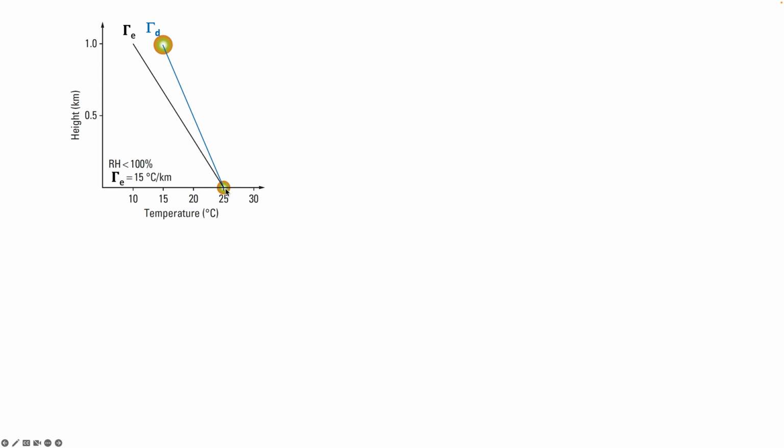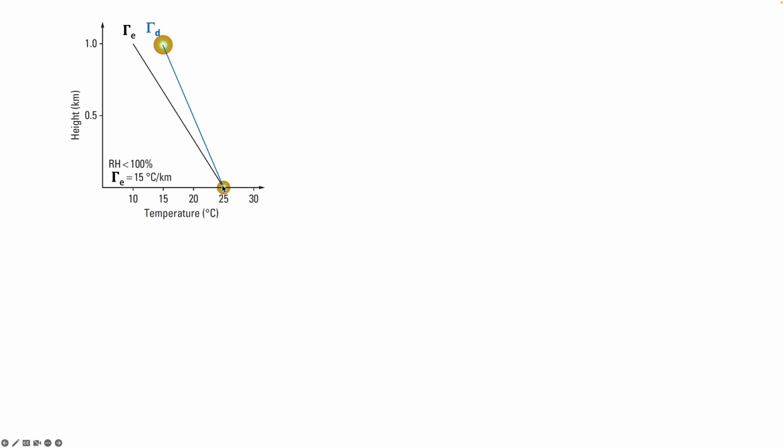Now what I'm going to put on this diagram is what is called a dry adiabat. So what a dry adiabat does is it shows you the temperature of the air inside of a rising dry parcel as I go from the surface to 1 kilometer. Now remember, the dry adiabatic lapse rate is 10 degrees Celsius per kilometer.